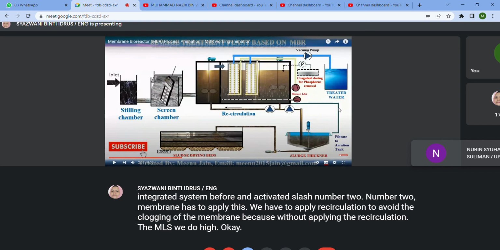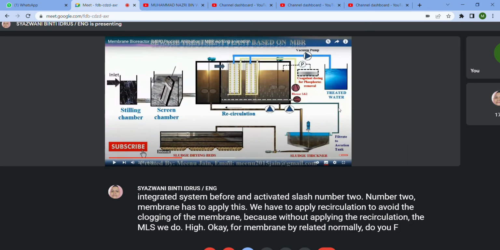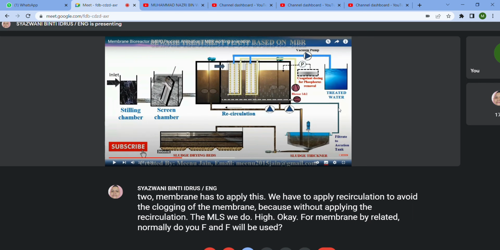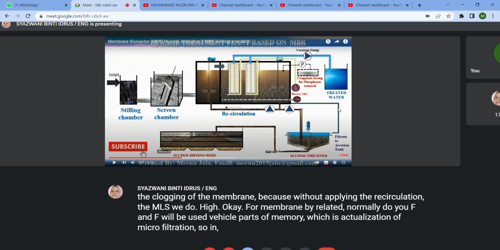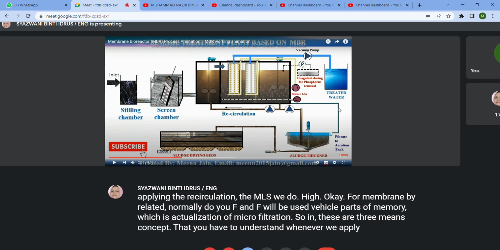Third, for a membrane bioreactor, normally UF and MF will be used. They use the bigger pores of membrane, which is ultrafiltration or microfiltration. So these are three main concepts that you have to understand whenever we apply a membrane bioreactor.